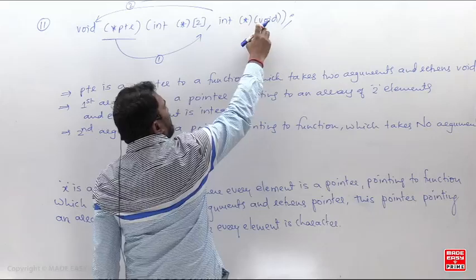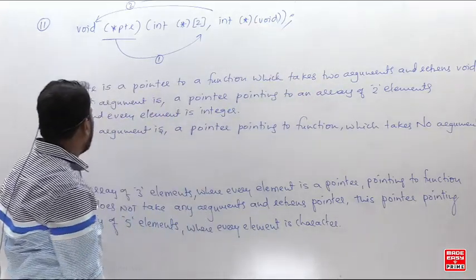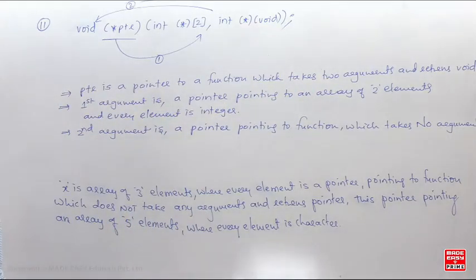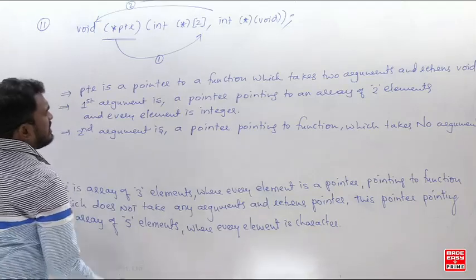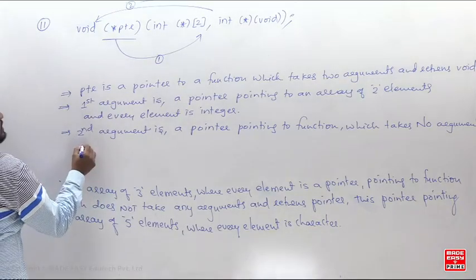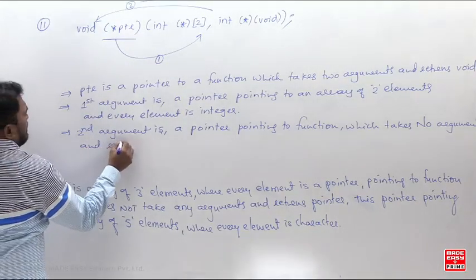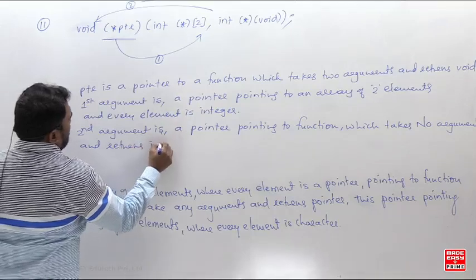Which takes a void. Void means what? No argument. So the second argument is a pointer pointing to a function which takes no arguments, and returns integer.